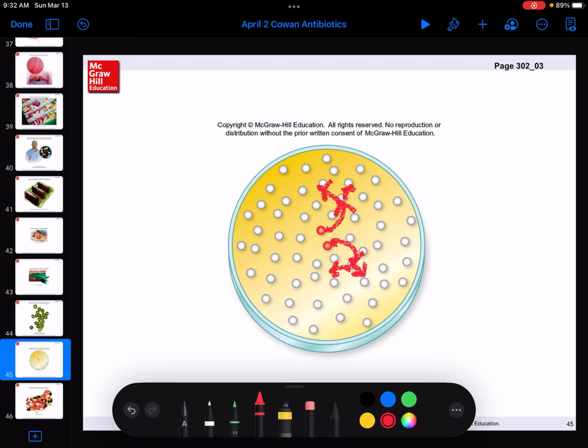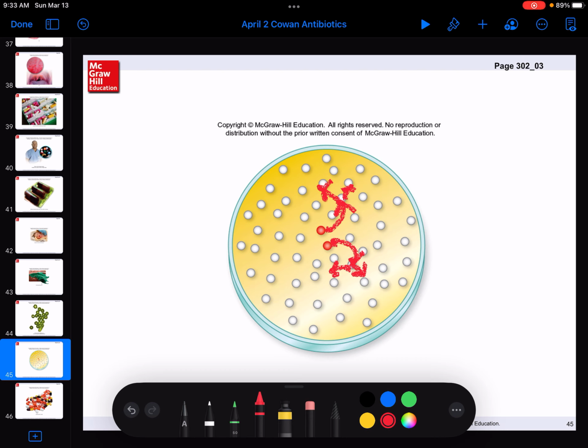So then potentially you could end up getting a lot more individuals in the population that have antibiotic resistance, even if you don't kill off all the other bacteria.